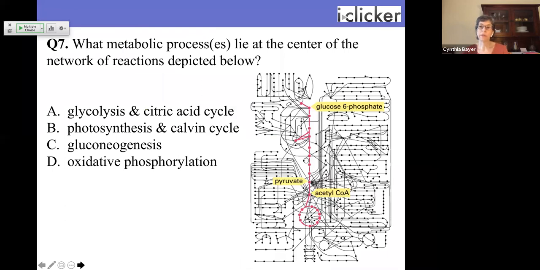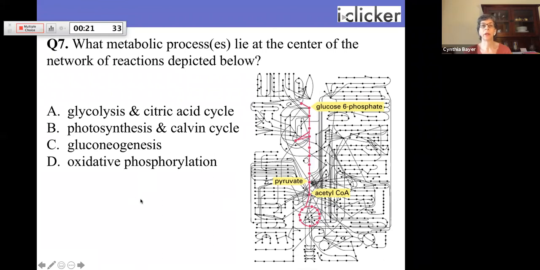Now here we're looking at a figure we had at the very beginning of this chapter: many, probably not all, of the interconnected biochemical pathways of metabolism. And we've highlighted in pink a central biochemical process.